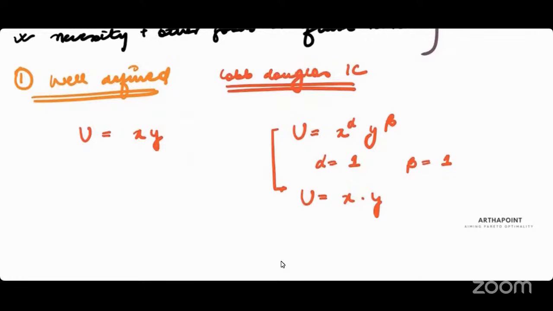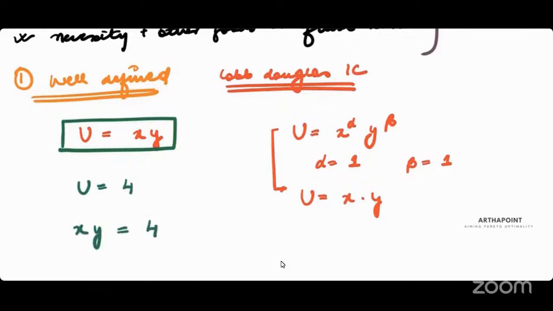Now, since this represents a utility function, we have to hold utility constant. So we can take any number. Let's say that I hold utility constant at 4. What does this mean? This means that X into Y is equal to 4.